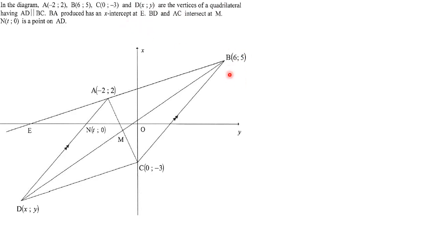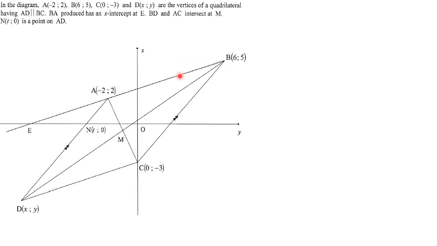But every time you should check. When we say B is (6; 5), sometimes there is a typing error. You find that it is B but it's written (-6; 5). You should check whether the signs of the x and y values are really in that particular quadrant.